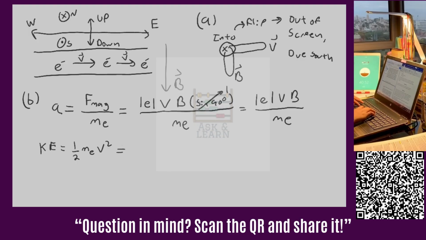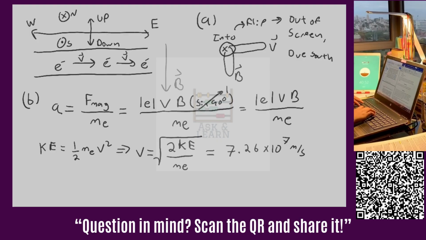So if we want to find the velocity, we just solve for it, and that requires us to multiply by 2, multiply by the kinetic energy, divide by the mass of an electron, and then take the square root of everything. For simplicity and time, I'm not going to write out all the numbers in here. I'm just going to give you what the answer will be. To significant digits, we get a speed of about 7.26 times 10 to the 7 meters per second. That's almost 25% of the speed of light. Not enough to consider relativity yet, but still pretty quick.